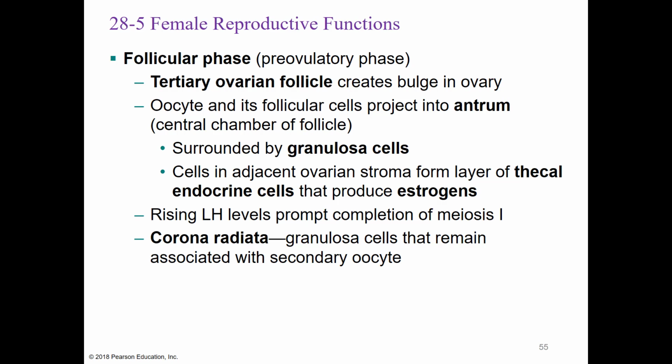Remember back from chapter 18 that LH is luteinizing hormone, and one of the very important things that it does is cause ovulation, which is again the release of the egg. The corona radiata is granulosal cells that will stay with the secondary oocyte, which we will mention again in chapter 29 as we talk about fertilization.